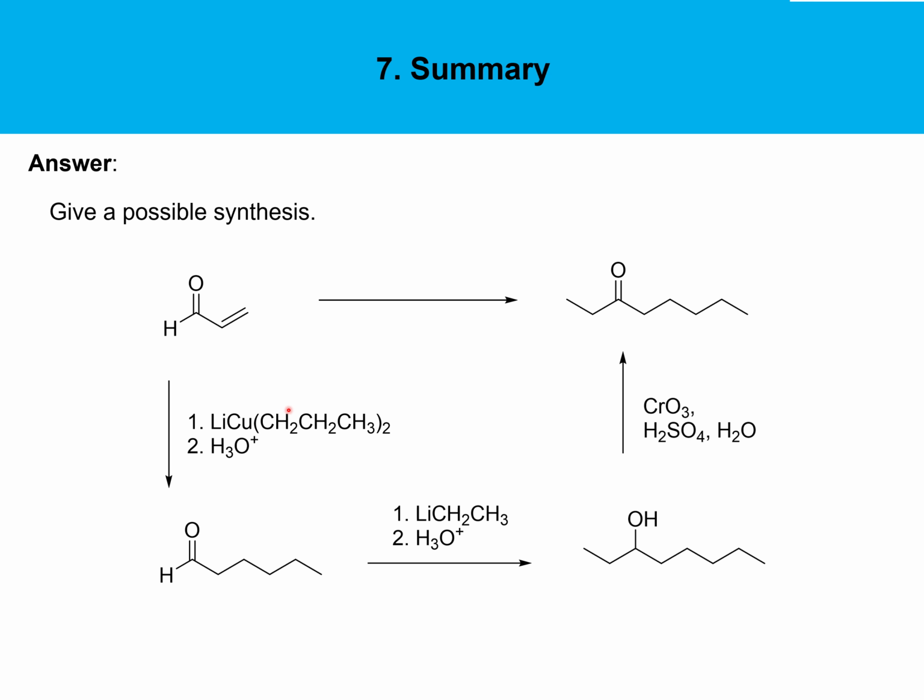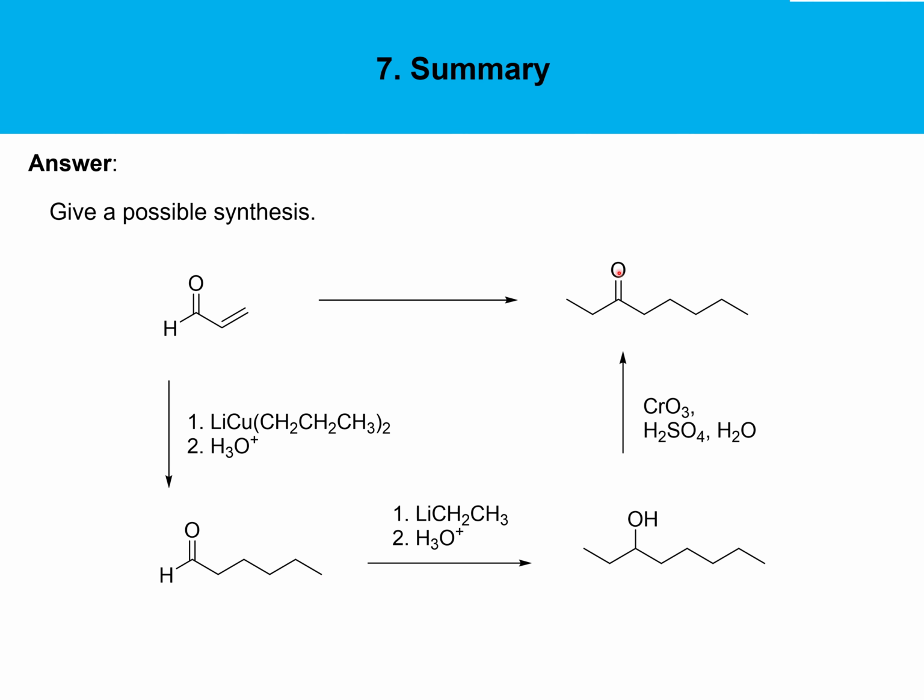So if we use a Gilman reagent that has 3 carbons, we can add that propyl group to the beta carbon. That will result in this aldehyde that now has 1, 2, 3, 4, 5, and 6 carbons.